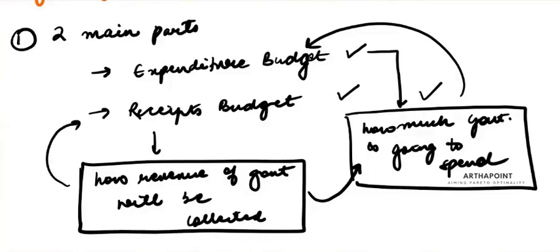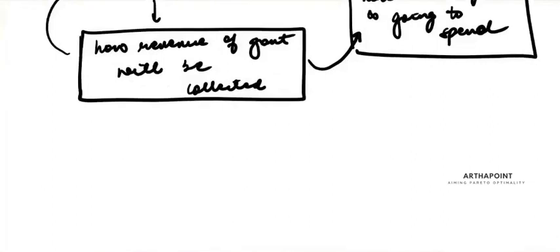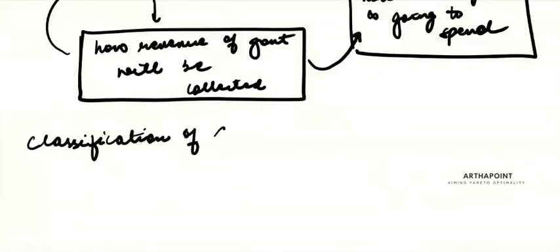Now, within receipts and expenditures, we have further classifications. So first of all, we want to understand what is the classification of government receipts.